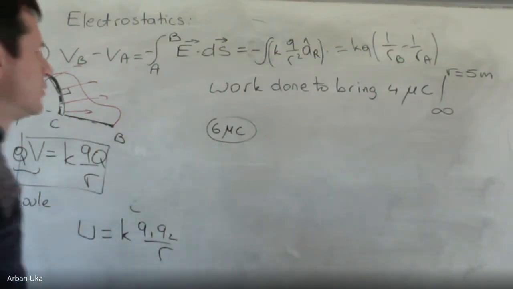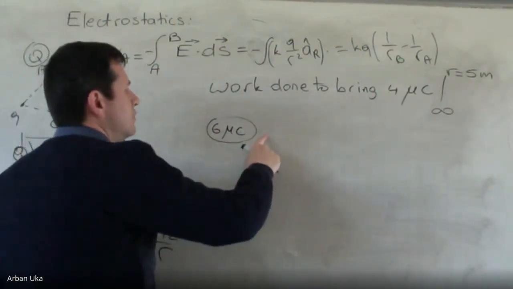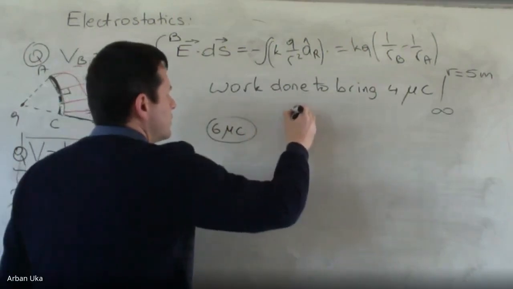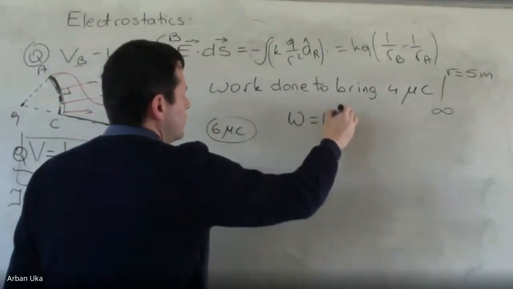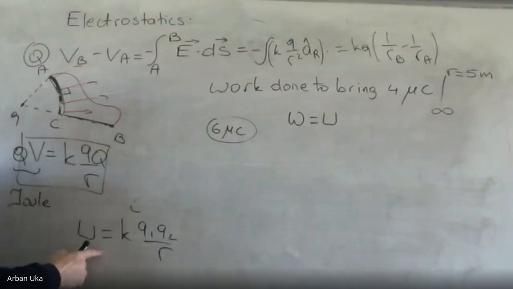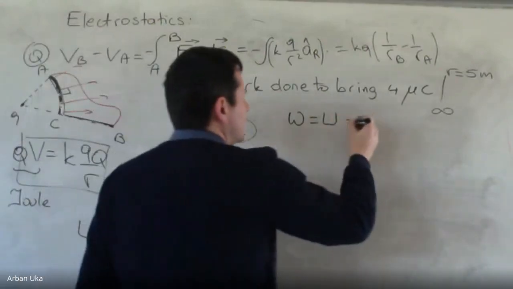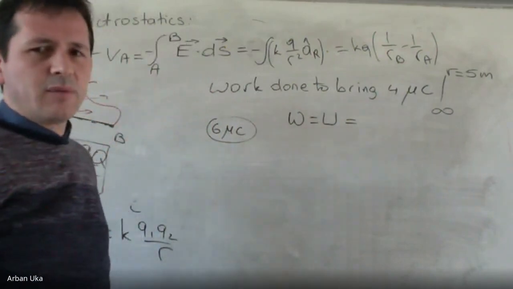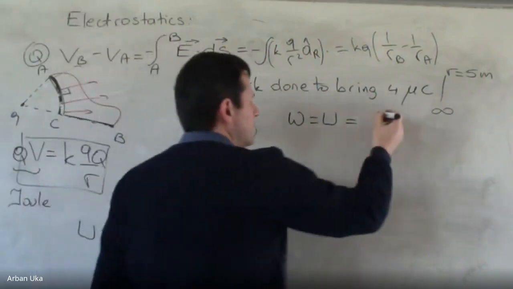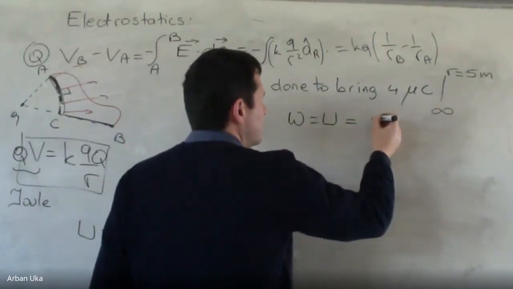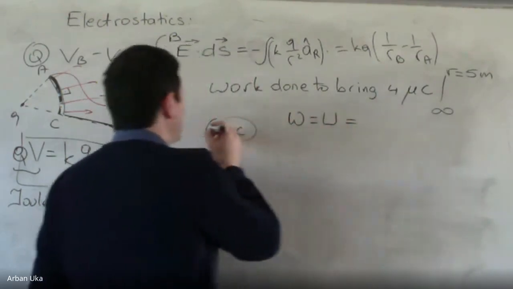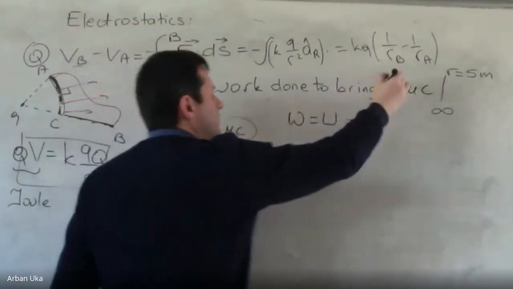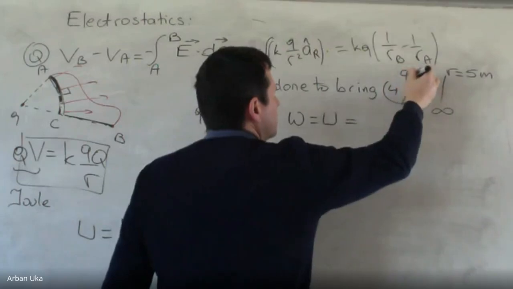To do this, the work done, which we can write as W or U, because we wrote this energy in this term, we can derive in a couple of different ways. First of all, let this be Q1, let this be Q2.